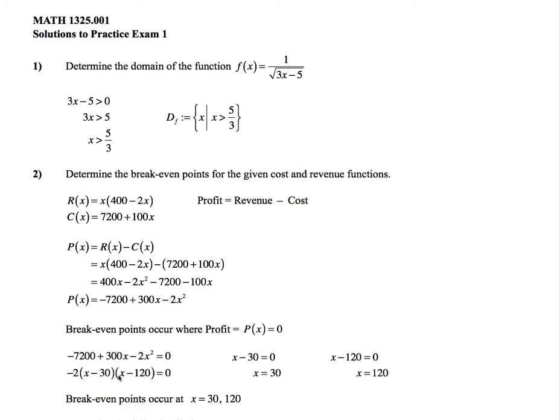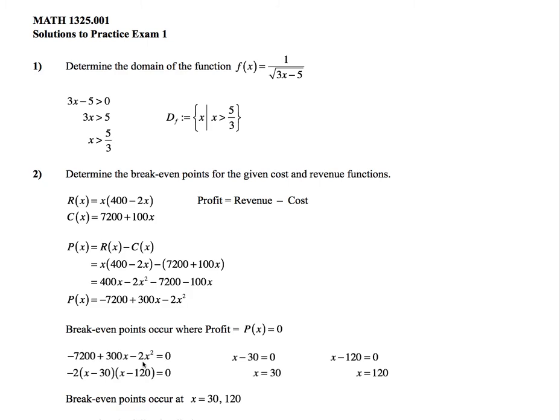You want to go a little larger than that, because they're going to have to add up to 150 in this case, but multiply to 3600. Anyway, that's 30 and 120 in this case. If you multiply all this out and then multiply by -2, you'll see that this is exactly what you get.